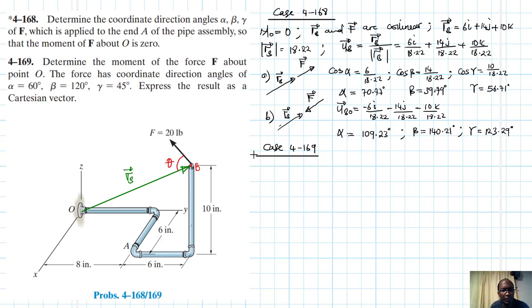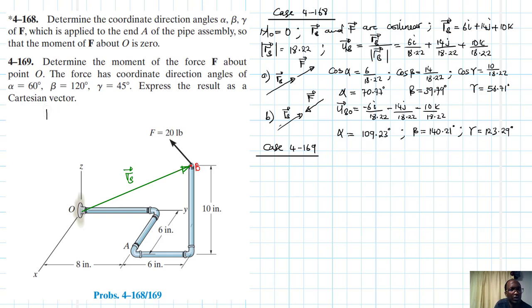So this one, they're asking us to find the moment about point O. Alright, they're asking us to find the moment about point O, so let's find this moment. We find the moment about point O given the angles.